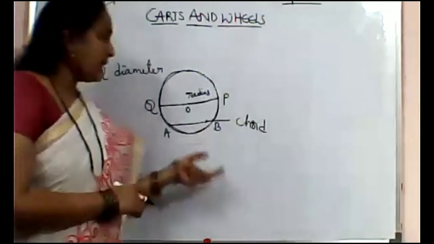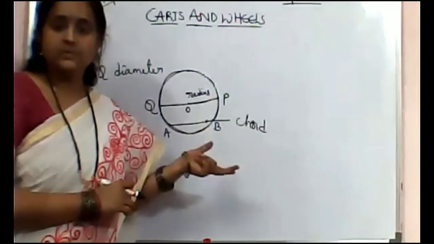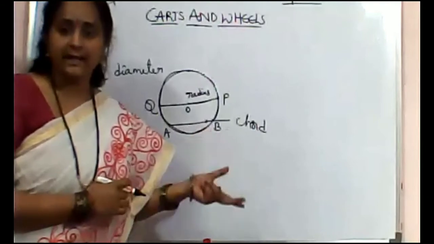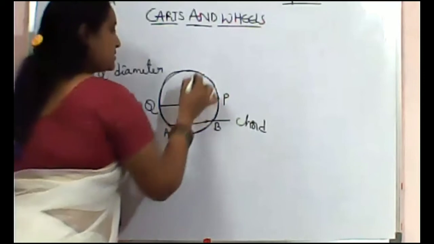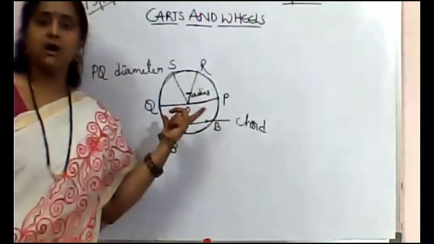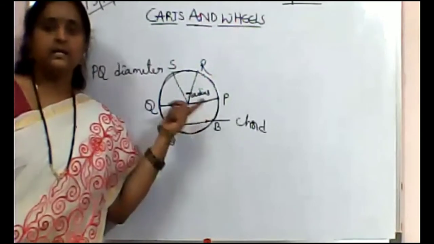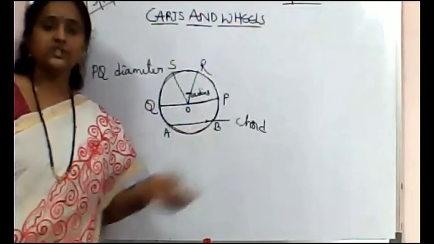And a circle has so many radius. So many radius means we will call it radii. Suppose here OP is radius, OQ is radius, OR is radius, OS is radius. So these are all called radii. Radius is the singular form and radii is the plural. Is it clear, children?